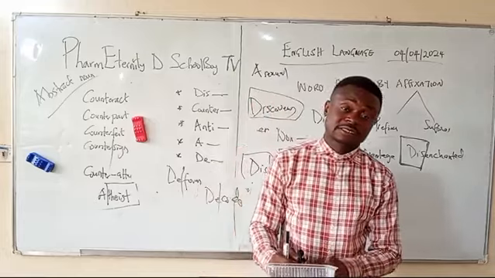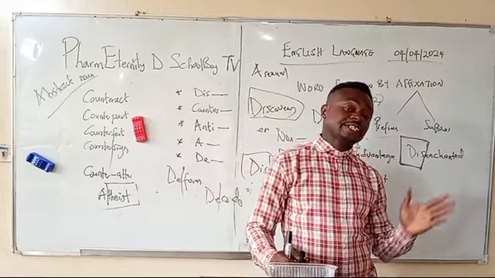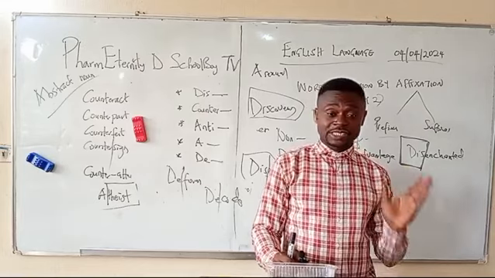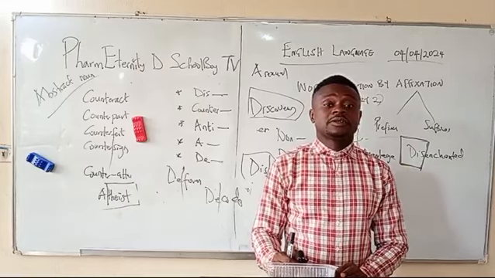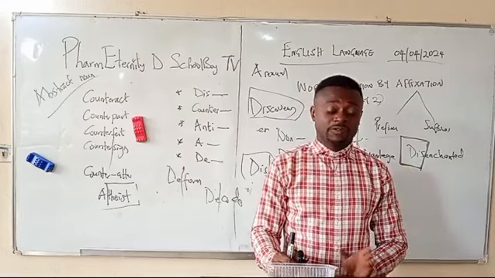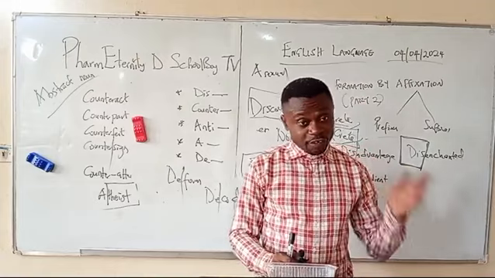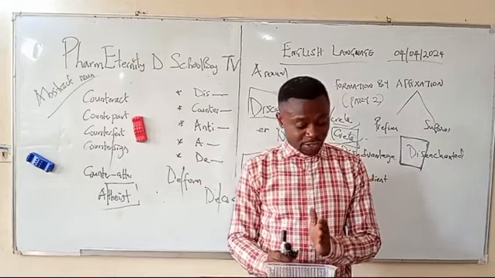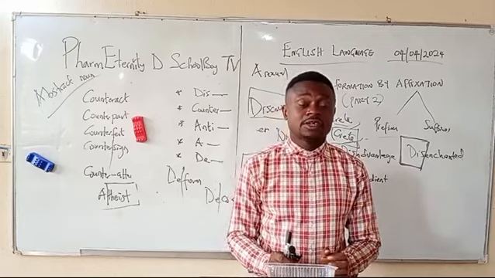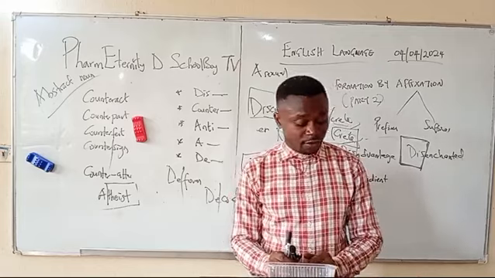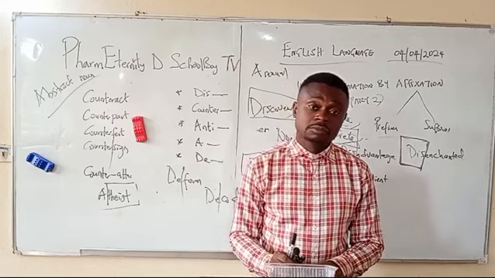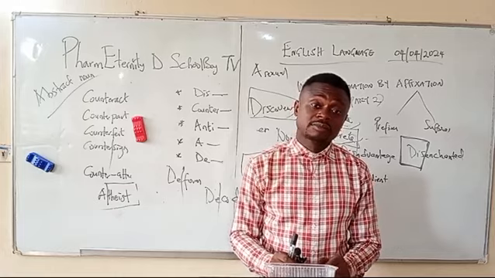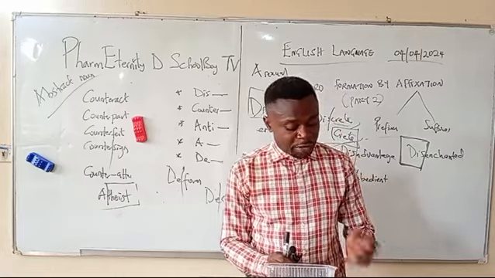To deforest. Deforestation is a noun now. To deforest, a forest is already there. You want to deforest, you get rid of the forest. So there are many of them.